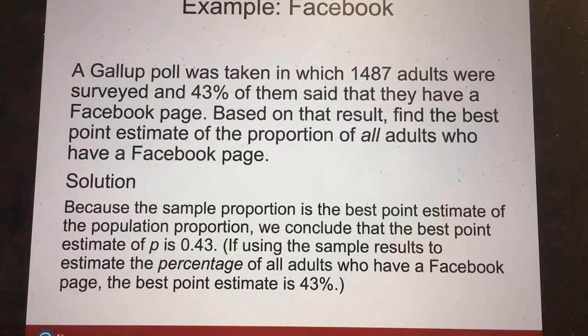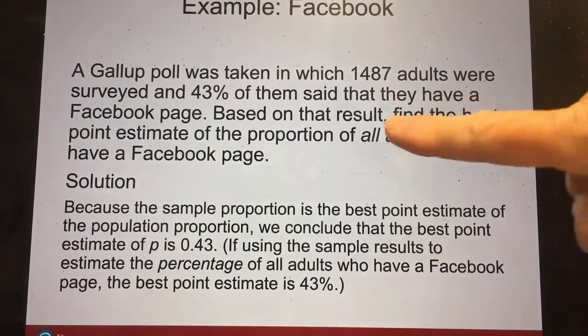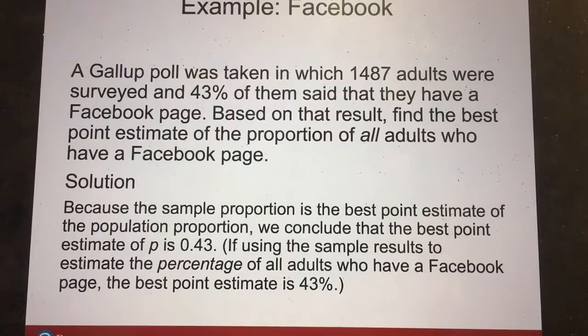All right, so here we have an example. A Gallup poll was taken in which 1,487 adults were surveyed, and 43% of them said that they have a Facebook page. Based on that result, find the best point estimate of the proportion of all adults who have a Facebook page. So basically we took a sample, and the sample had a p-hat of 0.43, or 43%.